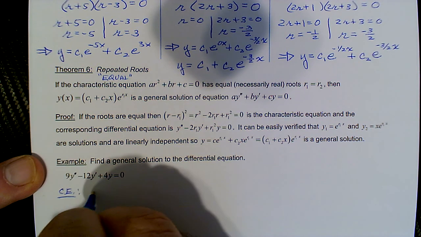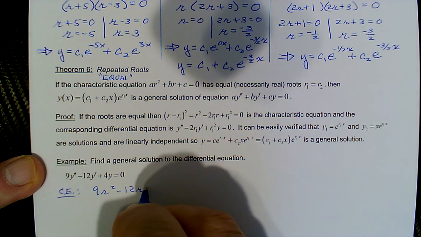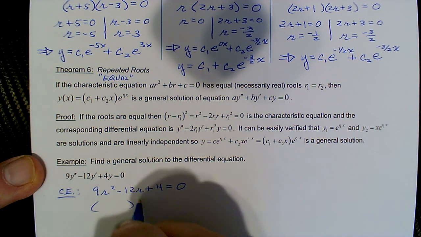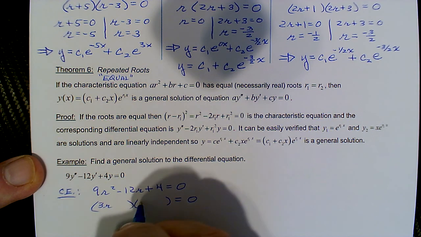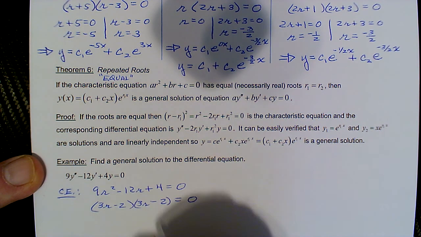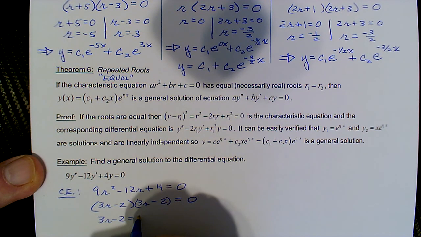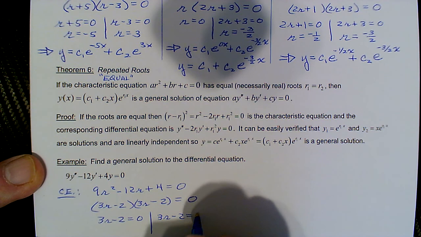So in this example, we first form the characteristic equation, and it would be 9r squared minus 12r plus 4 is 0. This does factor as 3r, 3r, and both negative 2's. So setting each factor to 0, 3r minus 2 is 0, and 3r minus 2 is 0.